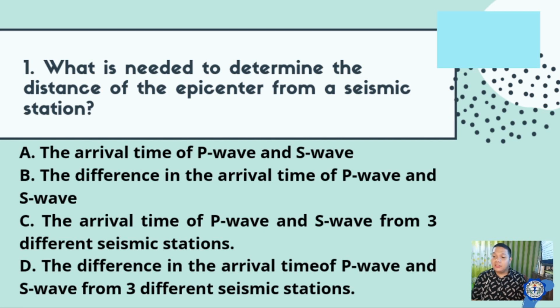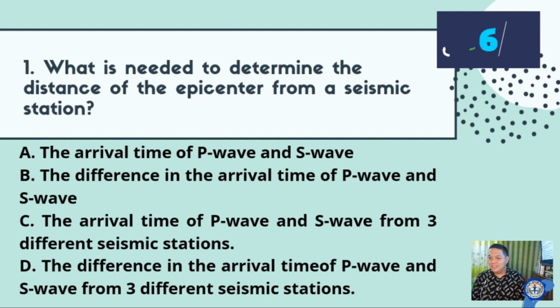Letter D, the difference in the arrival time of P wave and S wave from three different seismic stations. So let the timer start now. The correct answer is letter B, the difference in the arrival time of P wave and S wave.